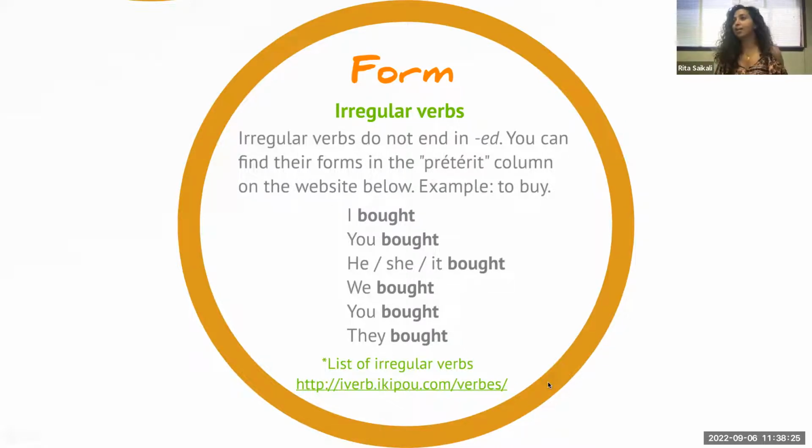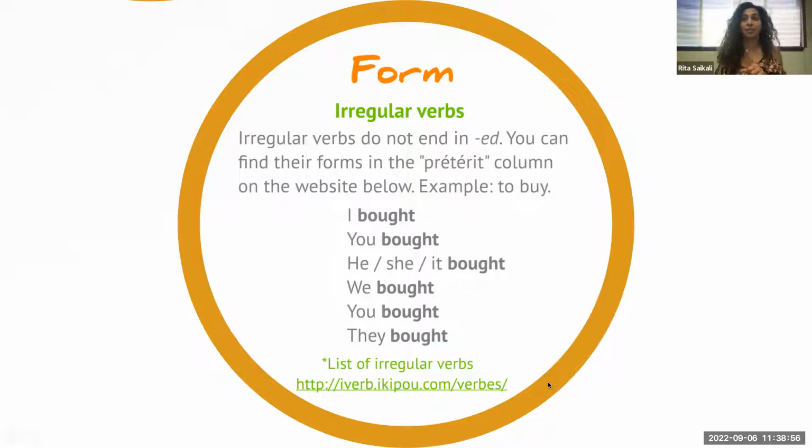Can anyone else think of another verb that we use a lot that is an irregular verb? Find, fight, fought, right? Bring, brought, fight, fought. These are all kind of on the same ones. But what about go?